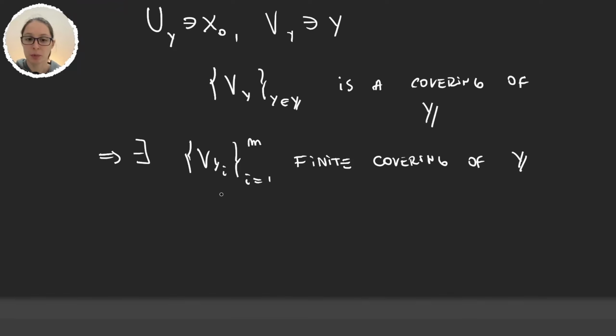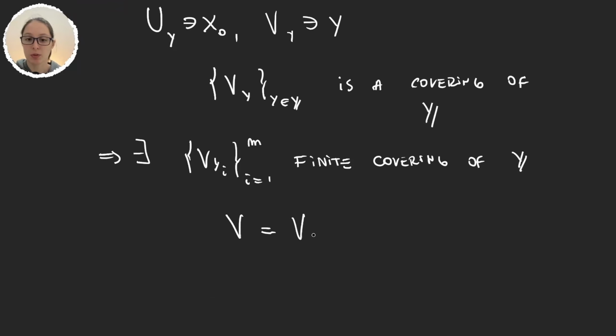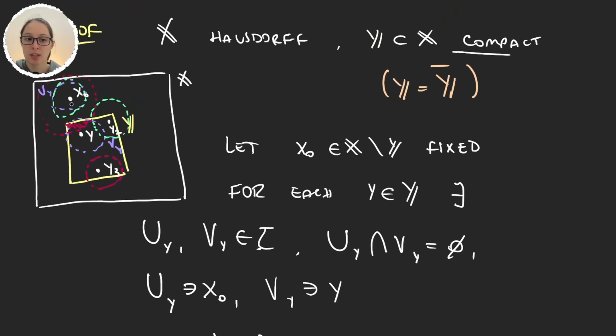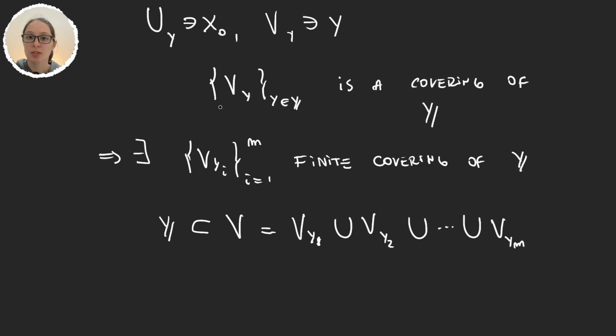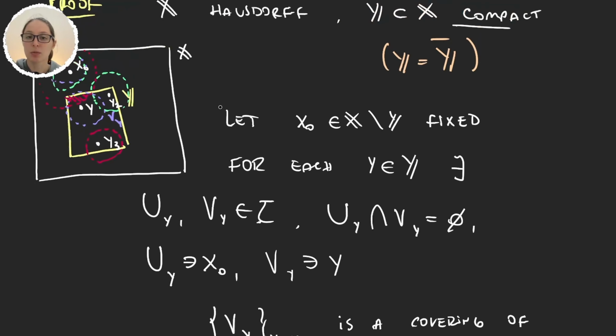So if we call B the union of all these sets, this set obviously contains Y, but now I need a neighborhood of x0. If I take the union of all these corresponding U_y's, then, like I said before, it could have non-empty intersection with Y. So what I can do instead, because it's a finite amount of sets, is just take the finite intersection, and that will be an open set that contains x0.